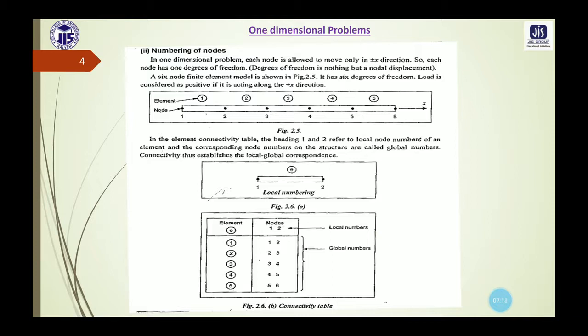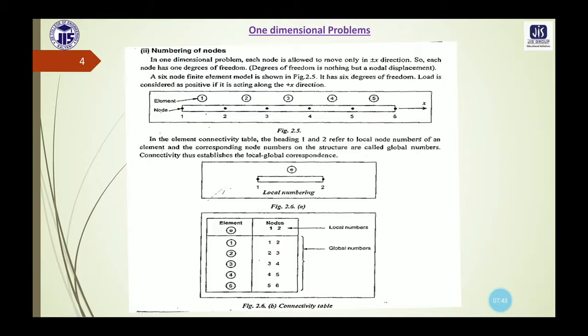Load is considered positive if it is acting along the plus direction. In the element connectivity table, which you can see in figure 2.6, the headings 1 and 2 refer to the local node numbers of an element, and the corresponding node numbers on the structure are called the global numbers.